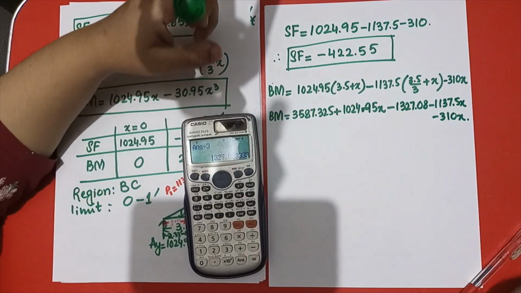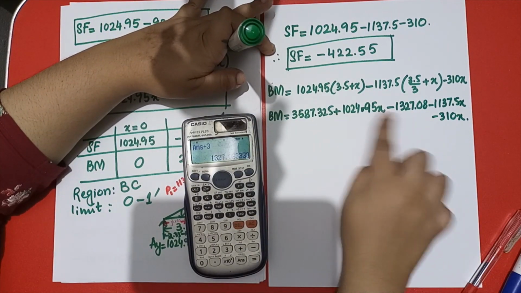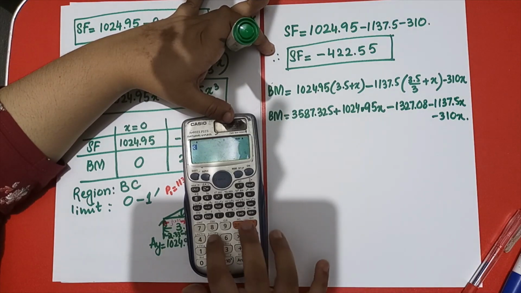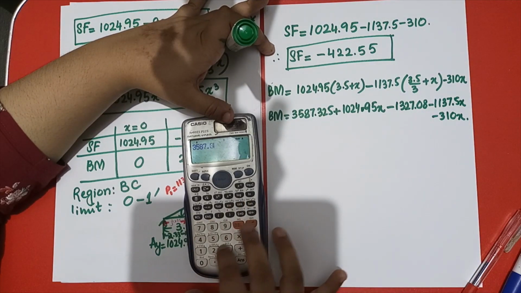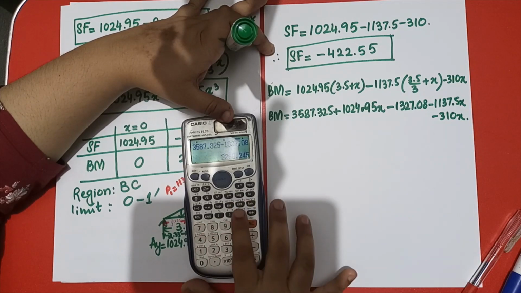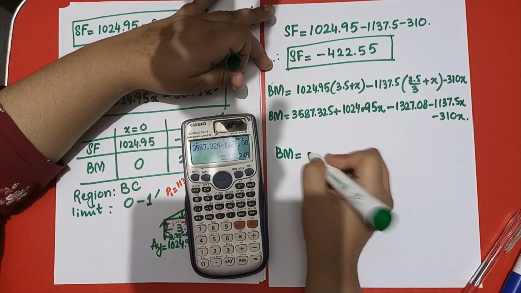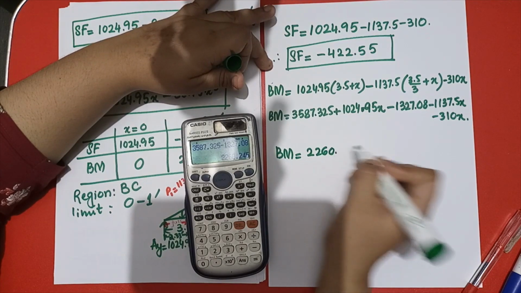So we subtract: 3587.325 minus 1327.08. So the BM equation constant will be 2260.245.